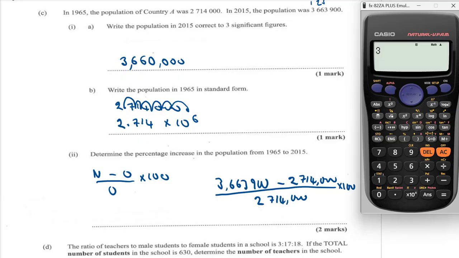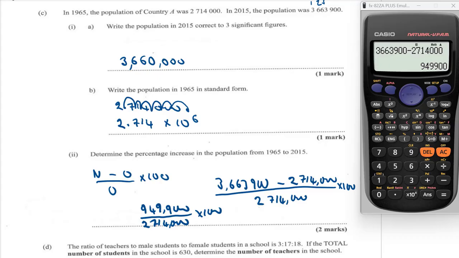So this is 3,663,900 minus 2,714,000. That gives us 949,900 divided by 2,714,000 times 100.